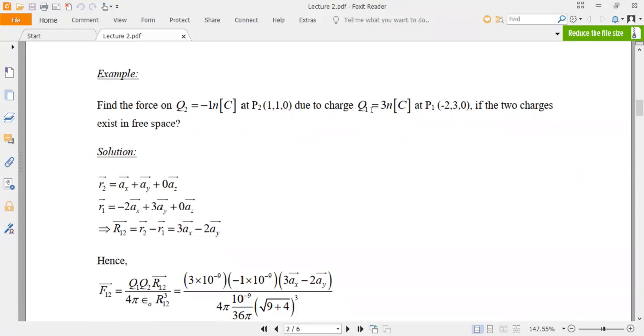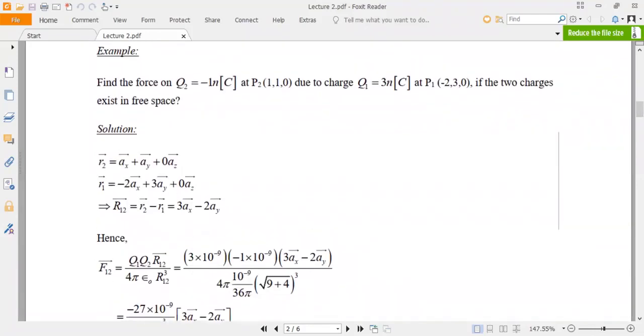And you have another charge Q1, which is 3 nano Coulomb, and it is placed at the point (-2, 3, 0) in space. We need to find the force on this charge Q2 because of Q1. That means we need to find F12. So how do you do it?